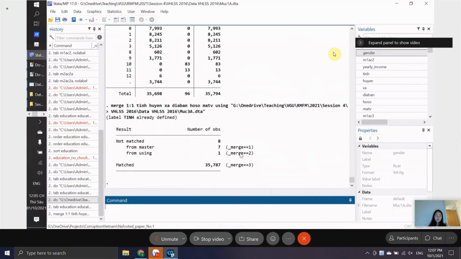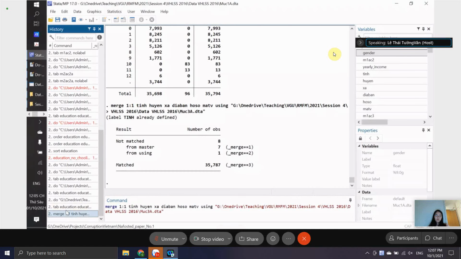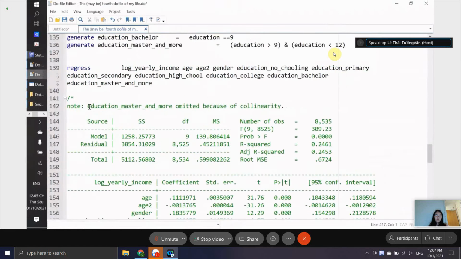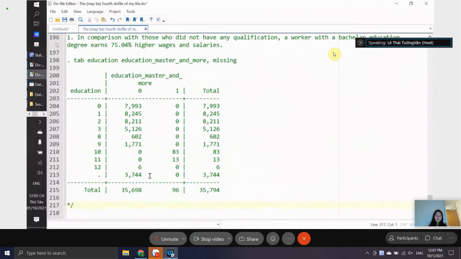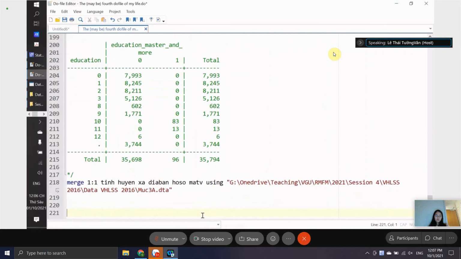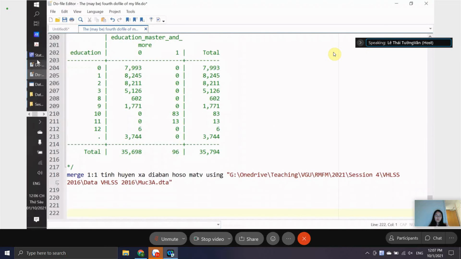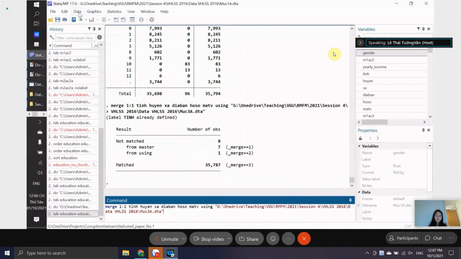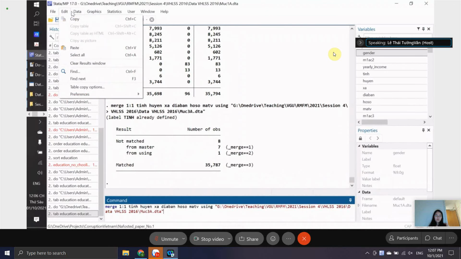It will also merge the data for you. And then you copy your command into the do file. And you also have the data. So by that, I want to tell you that you can use a drop-down menu here.